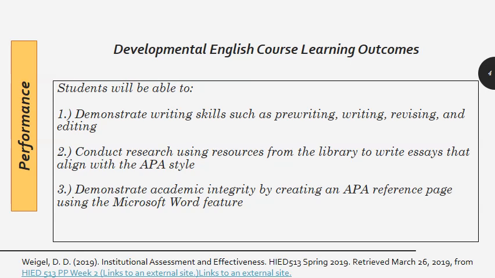Therefore, the learning outcomes for the developmental English course are: students will be able to demonstrate writing skills such as pre-writing, writing, revising, and editing, conduct research using resources from the library to write essays that align with the APA style, demonstrate academic integrity by creating an APA reference page using the Microsoft Word feature.